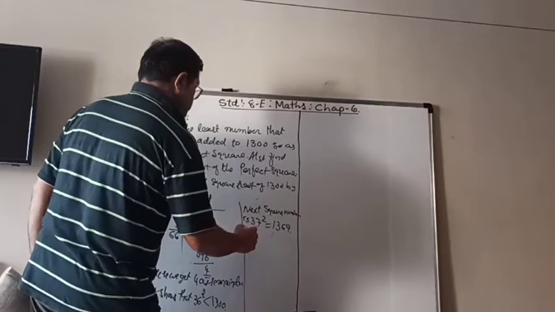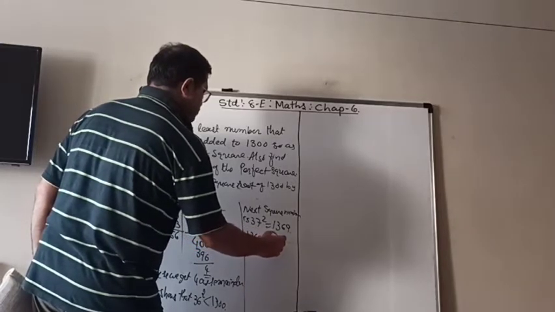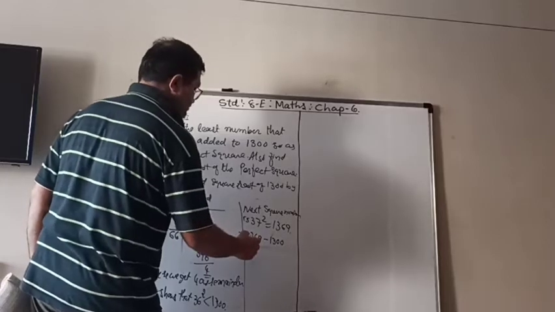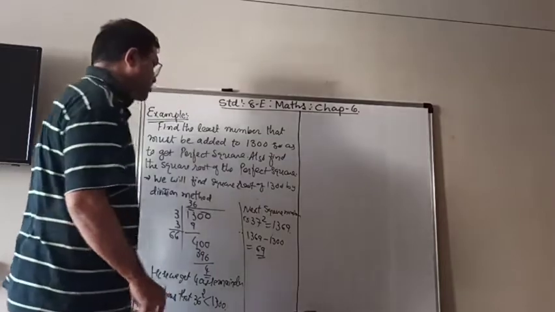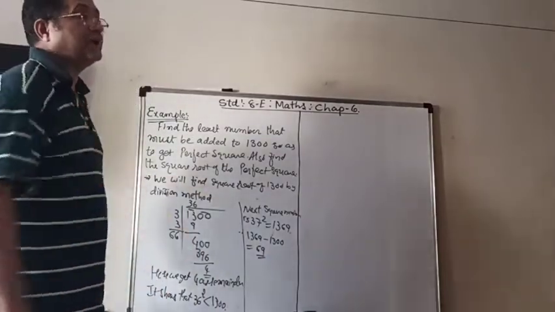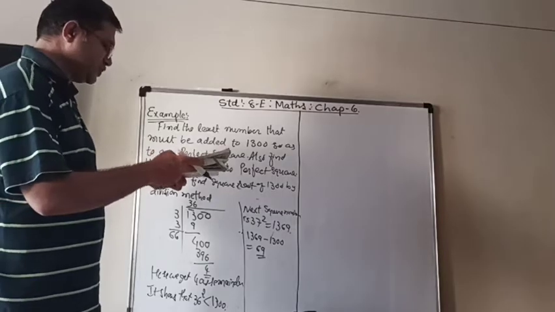Therefore, 1369 minus 1300, our number was 1300, that is equal to 69. It means that we have to add 69 to 1300.